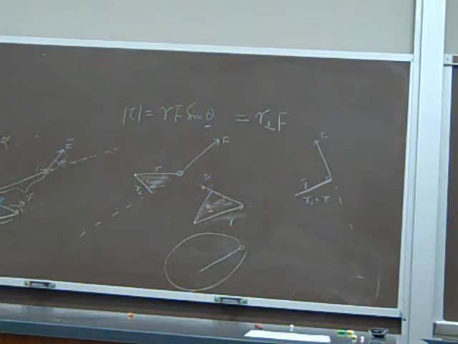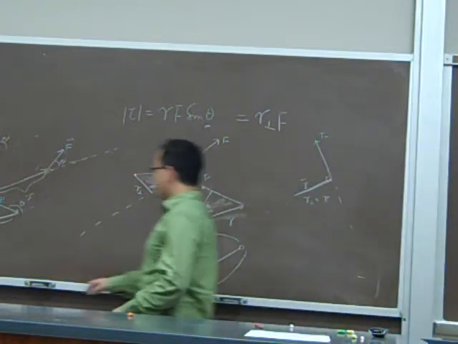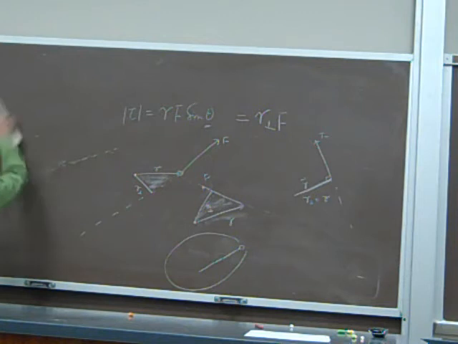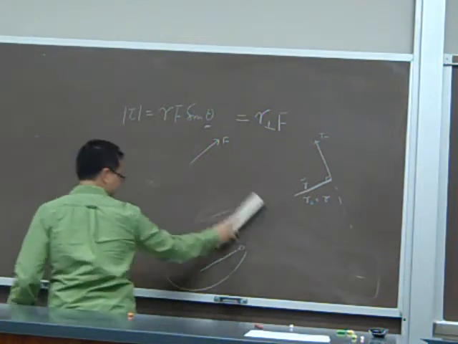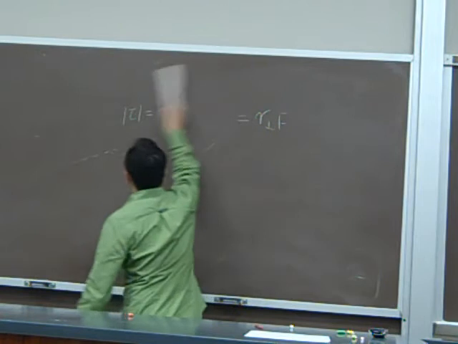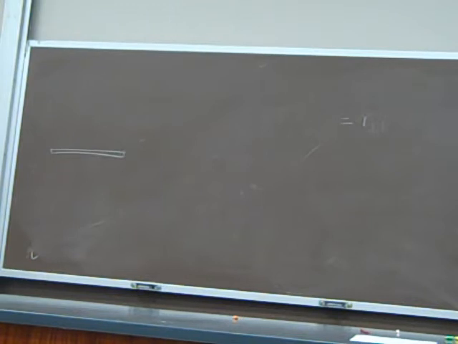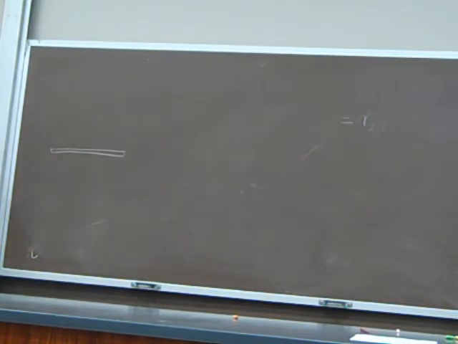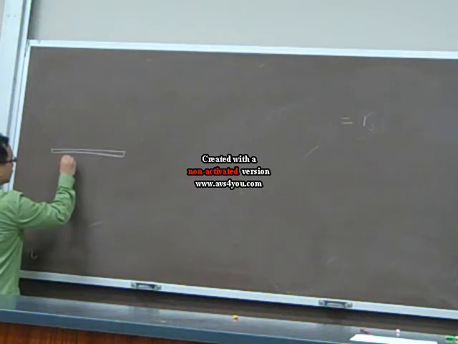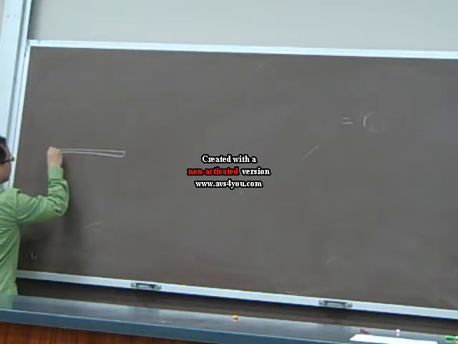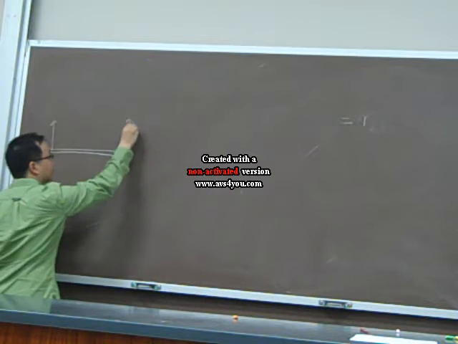Now, let's look at some situations of the balance of force and the balance of torque. Say we have a rod like this, and I give it two forces, a force like this and a force like this.